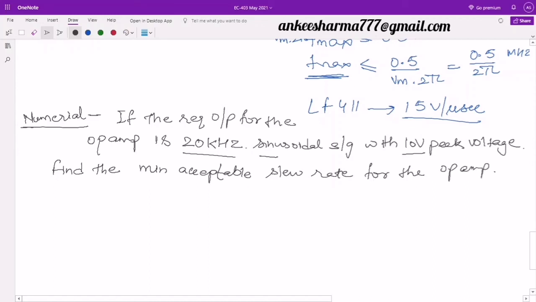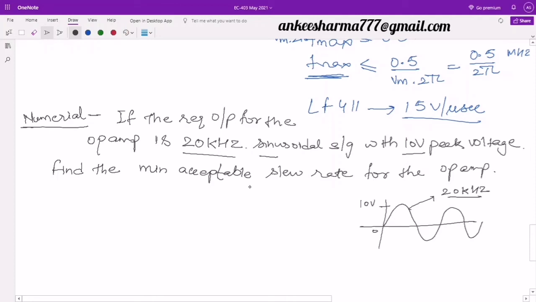Now this is the question. In the question it is given that a sinusoidal signal is required at the output, whose frequency should be 20 kilohertz. It means F is given to us, and the peak voltage is given as 10 volts. It is not peak to peak, it is only peak voltage. It means it is from 0 to 10 volt, right?